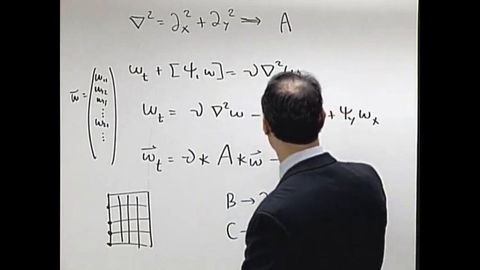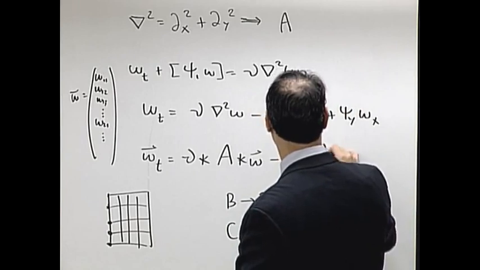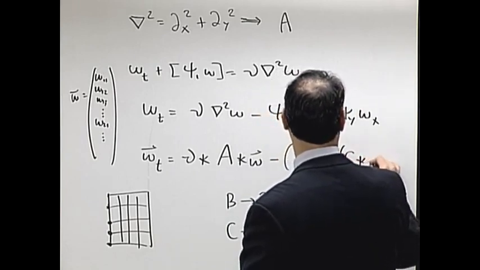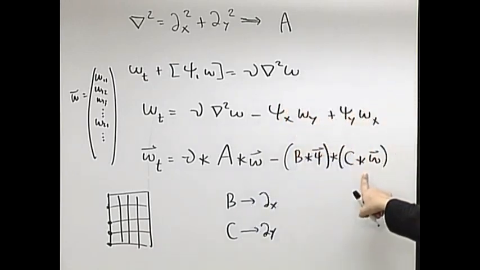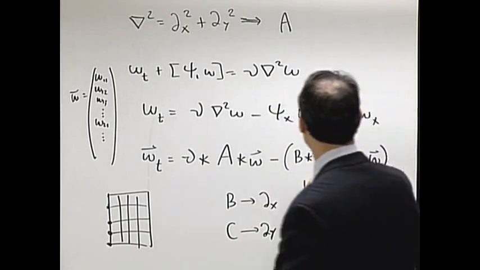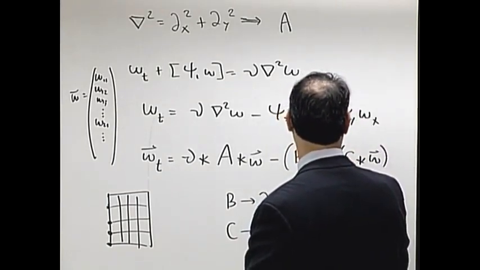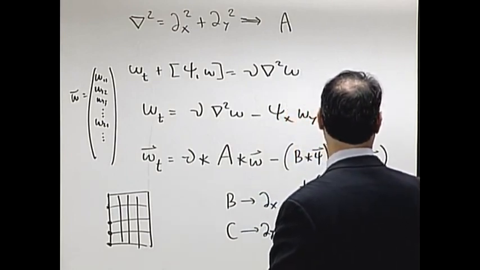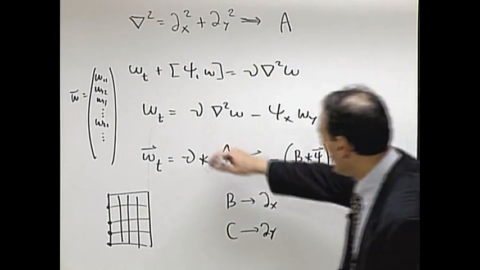Then this becomes B times psi times C times omega, plus C times vector psi times B times omega. That's it. So this is your right-hand side.